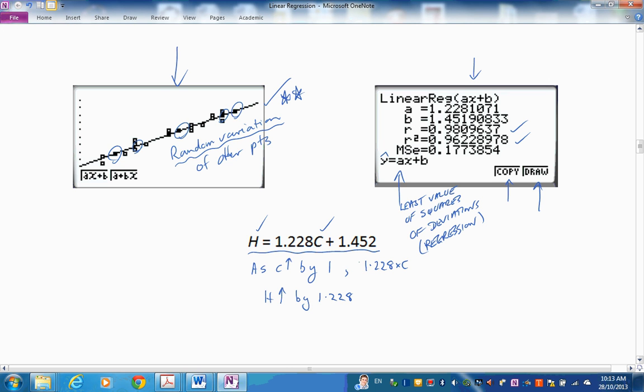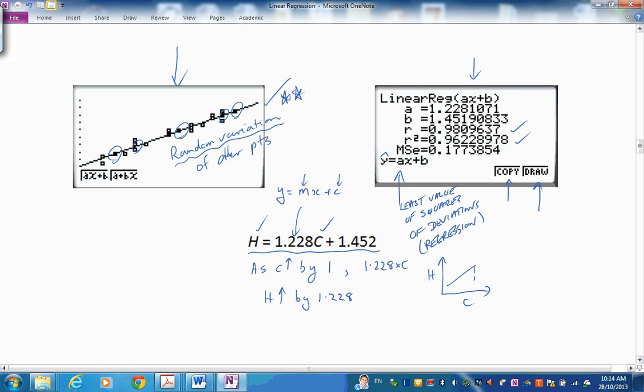We would say this is the slope, isn't it? Ax plus b, or the old y equals mx plus c, the y-intercept and the slope. Do those things have any meaning in this modelling? Well, the slope does, because it's the amount the dependent variable changes for the independent variable.